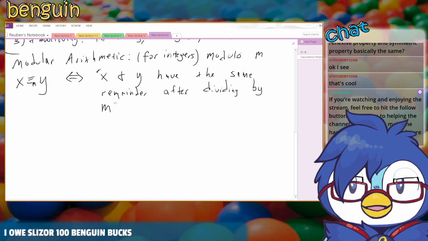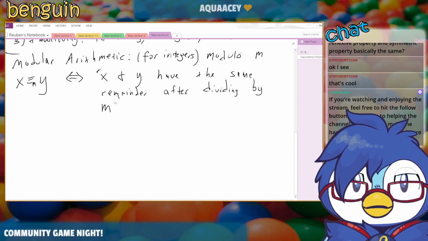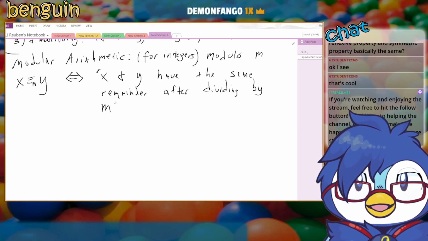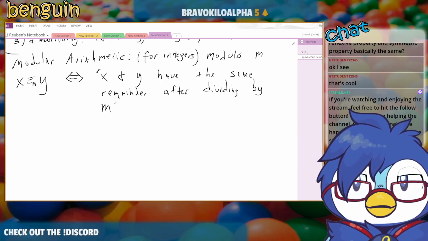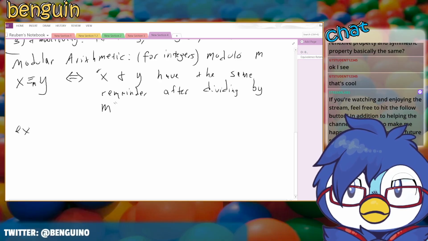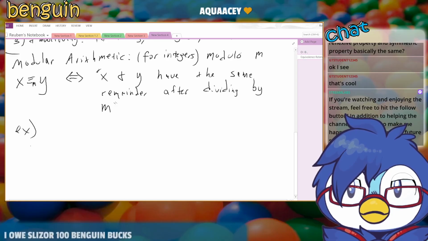Going back to the hours in a day example.